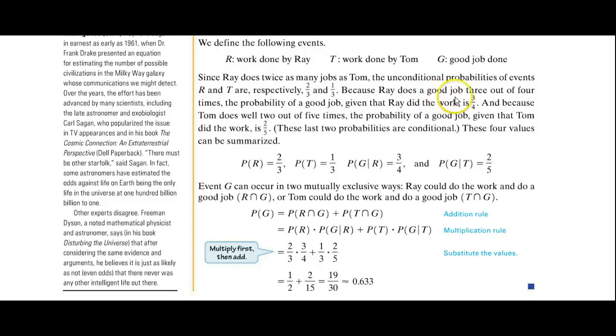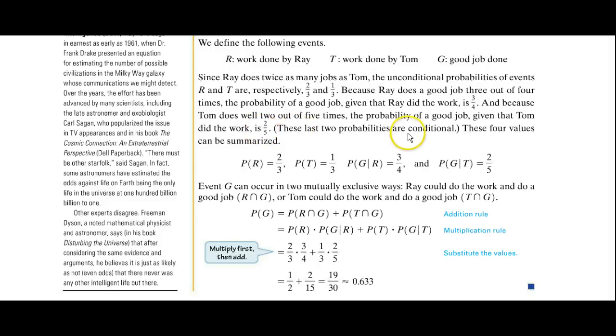Because Ray does a good job 3 out of 4 times, the probability of a good job given that Ray did the work is 3 out of 4. And because Tom does well 2 out of 5 times, the probability of a good job given that Tom did the work is 2 out of 5.